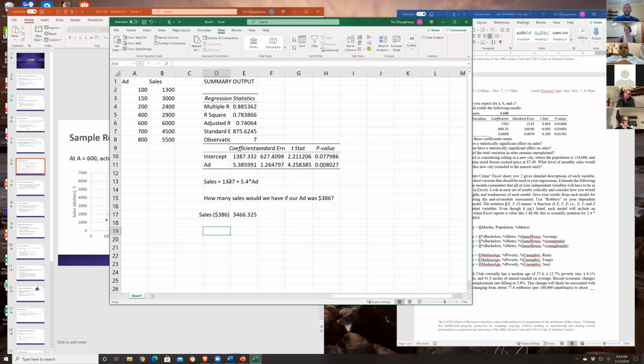There may be other variables that I don't think are theoretically important, so I would exclude those. So I would exclude how many squirrels live in the town that this store is located in, because I don't think that a company's sales will depend on how many squirrels live in this town. Maybe, who knows? But theoretically, I would say that doesn't really make a whole lot of sense. So I would exclude that.